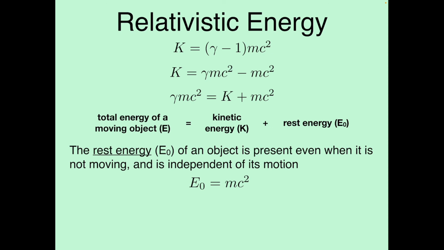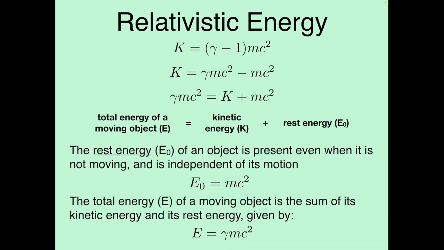Even if the kinetic energy is 0, we'll still have this rest energy present. So the total energy of a moving object is the sum of kinetic and rest energy, but we can write this as gamma times mc squared. So the total energy E is equal to gamma times mc squared.